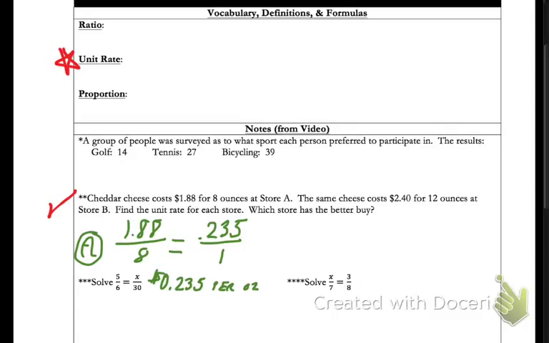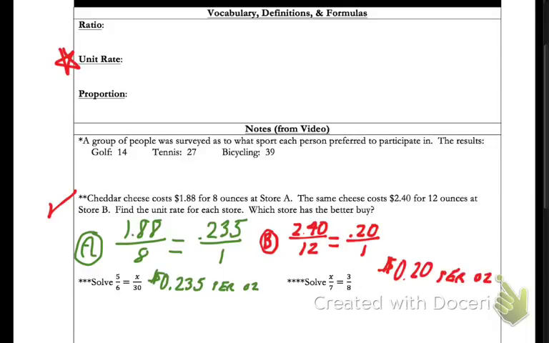So let's do store B. Same situation, but for store B, their cost per ounce is $2.40 divided by 12, which figures out to be 0.20 over 1. If we interpret that in terms of money, that's 20 cents per ounce.